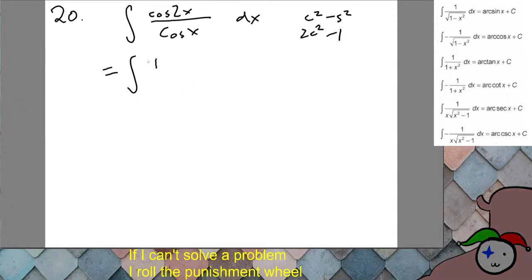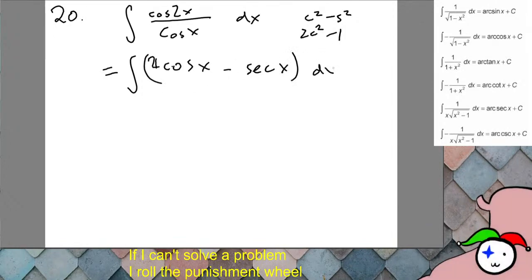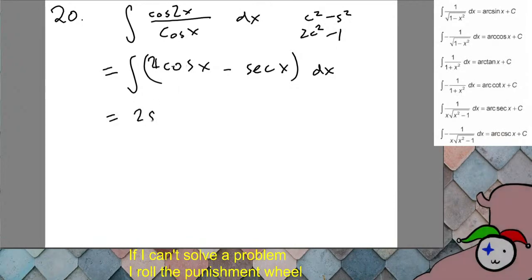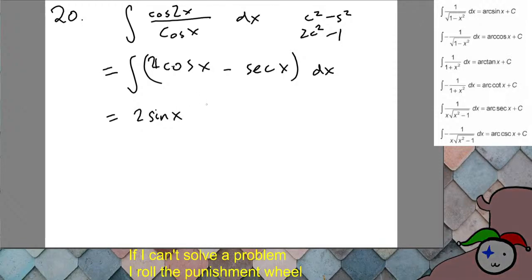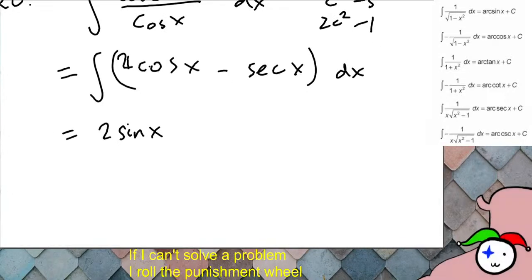So 2 cos x minus secant of x dx. We know the left part, that's really easy. It's just sine of x. Secant, I remember. Let me look this up.